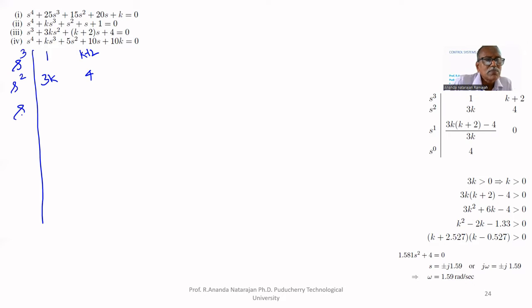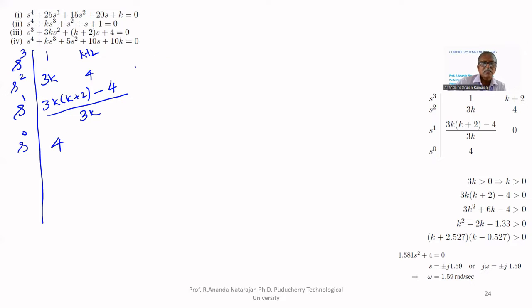So what you will get, S power 1 is 3K multiplied by (K plus 2) minus 4, upon 3K. S power 0, you will get a 4.